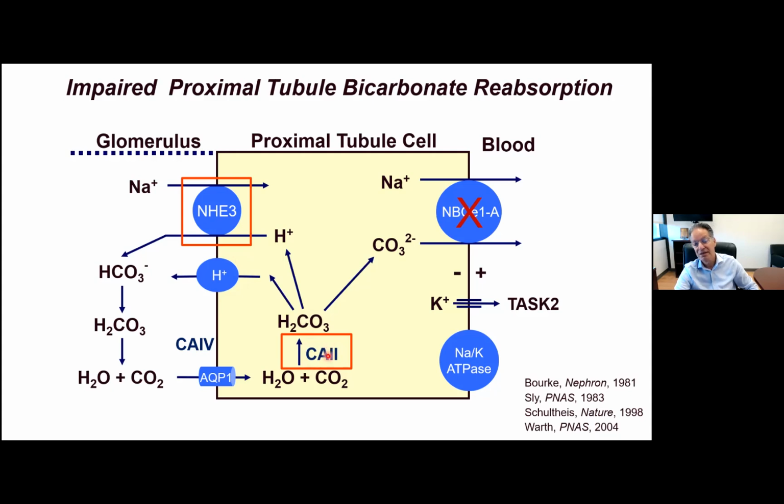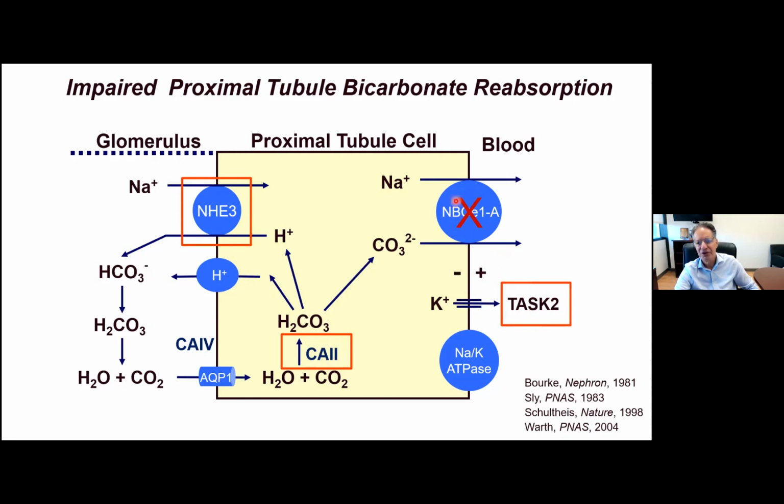They also get distal RTA because it's important in collecting duct proton secretion. And so they get actually a type 3 renal tubular acidosis. Then there are mice, not humans, where TASK2, which is the name of the potassium channel here, has been knocked out. And these mice have normal NBCE1A, but you perturb significantly the basolateral membrane voltage when you do that.